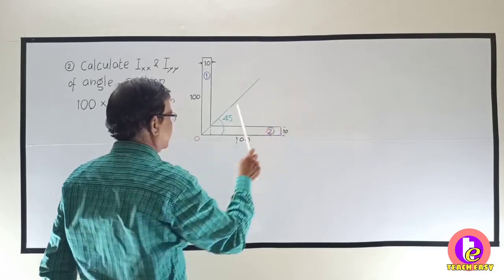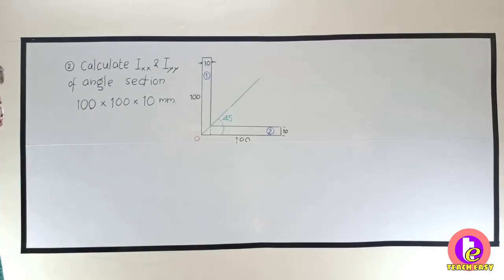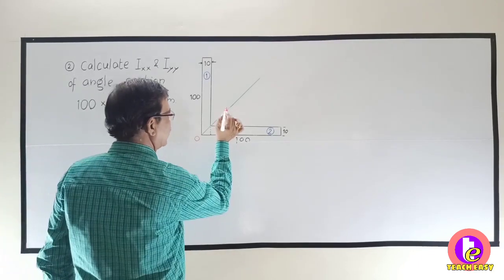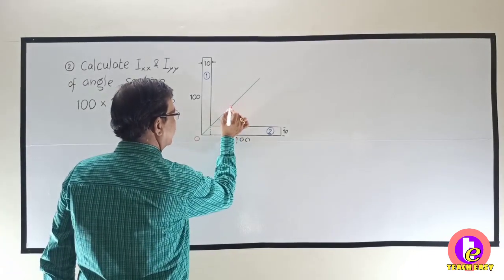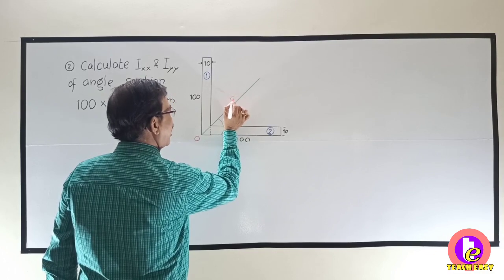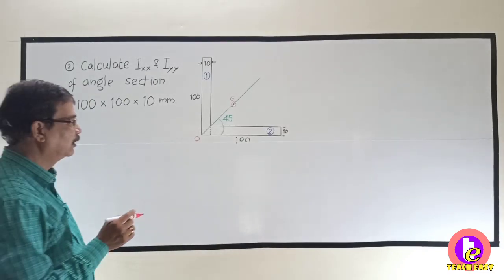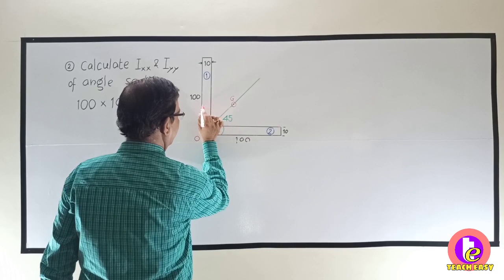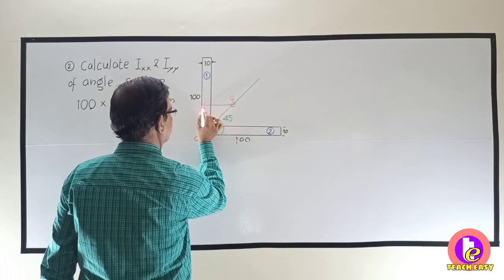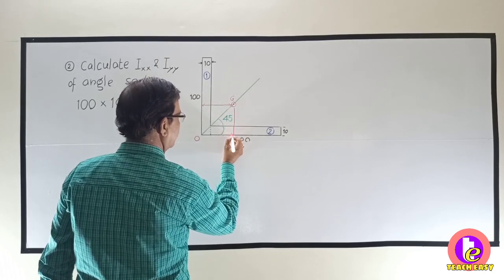So this is the axis of symmetry which is at 45 degrees, and as this is the axis of symmetry, the centroid will definitely lie on this axis. So if this is the centroid G, for 45 degrees, you know that sine and cos are the same. So this will be x bar and this will be y bar.